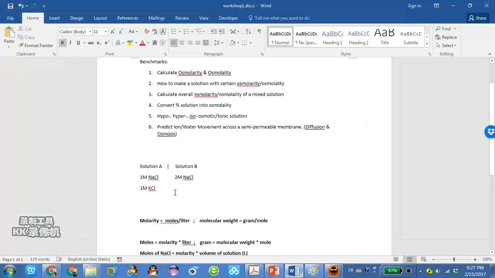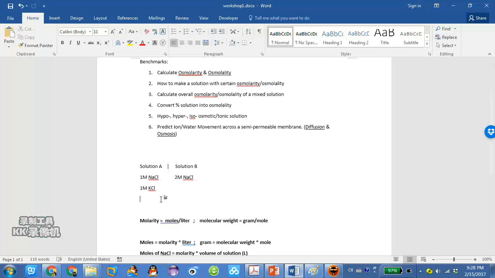amount of osmolarity, right? For example, when you have solution A, a mixture of 1 molar of NaCl and 1 molar of KCl, you can simply calculate the osmolarity of NaCl, which is 2 osmolar, and the osmolarity of KCl, which is 2 osmolar, and add them together to have a total of 4 osmolar as the osmolarity of solution A. So for osmolarity, we don't care what type of molecules are contributing to the total value, which makes sense because in the definition of osmolarity, we only care about the amount of osmotic pressure that the solution is holding.